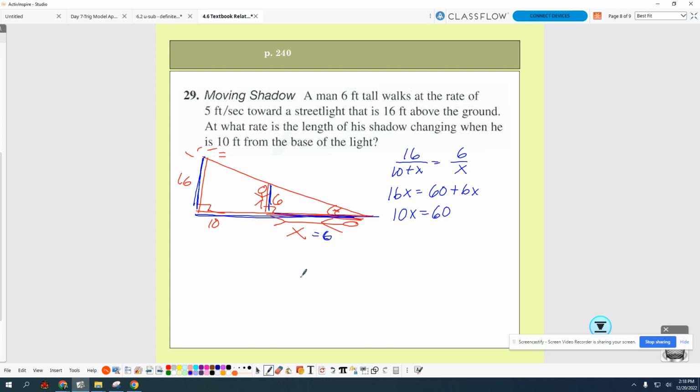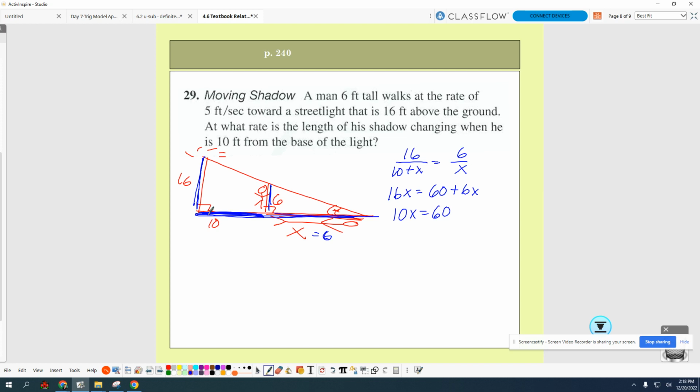We're just assuming we can find the value of X. We just did. You can find the hypotenuse. Is this thing always 10 or is it changing also?